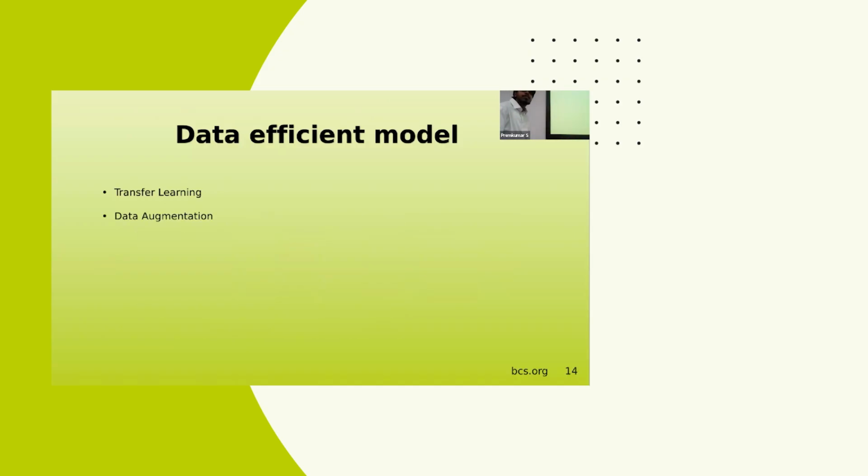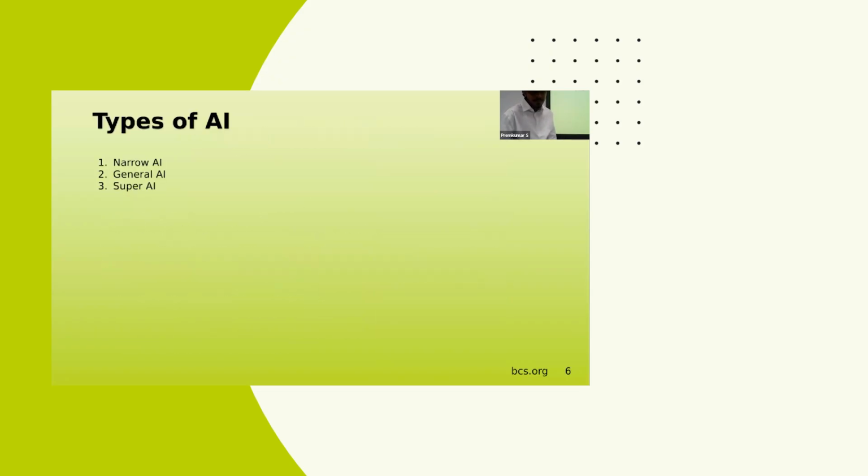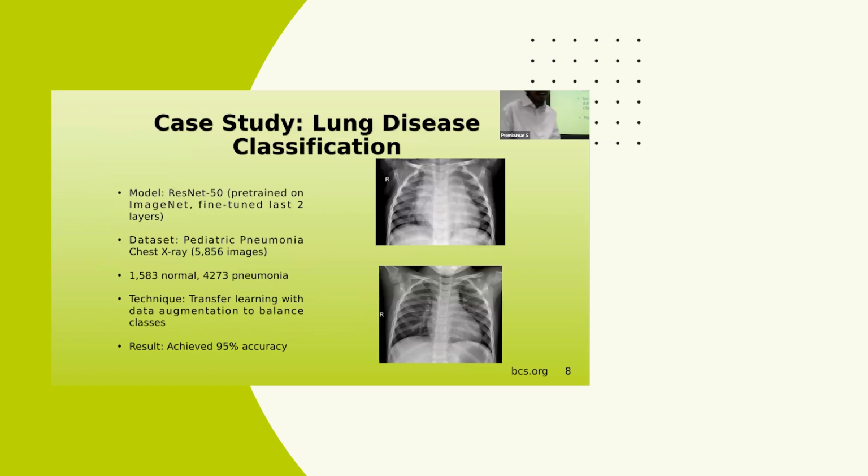Another thing is data augmentation. Since we have an imbalanced data set, one thing I can do is either upsample the normal cases or downsample the pneumonia cases. But the thing with this is 5,856 images is already a small data set. If I further reduce the number of data points from the pneumonia cases, the model is going to either overfit to this data set and not generalize properly over new data sets.